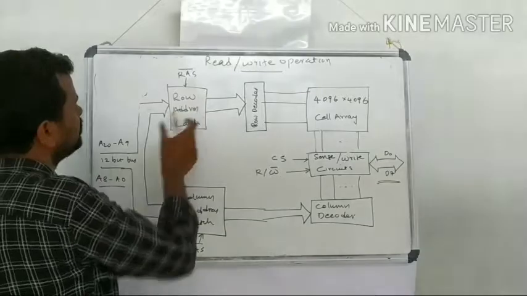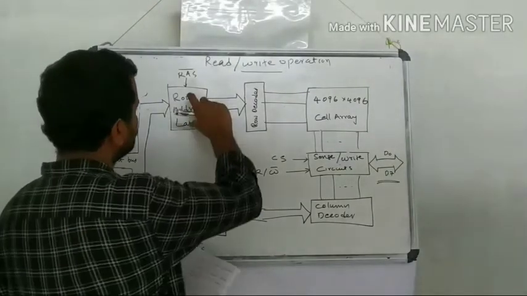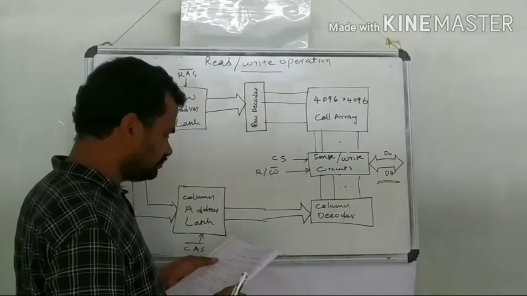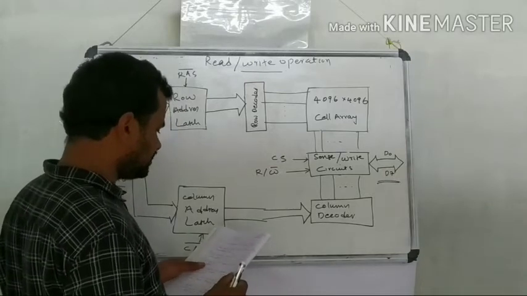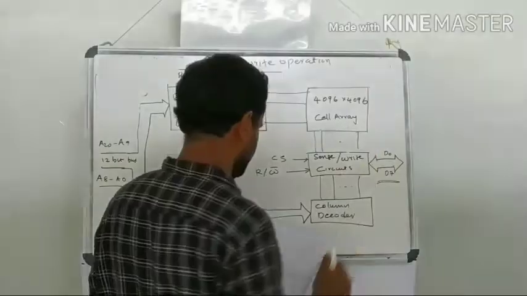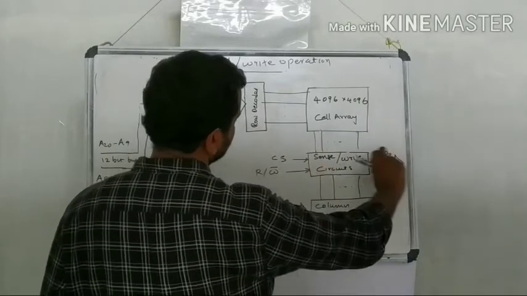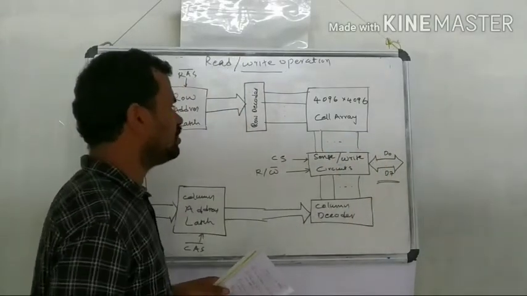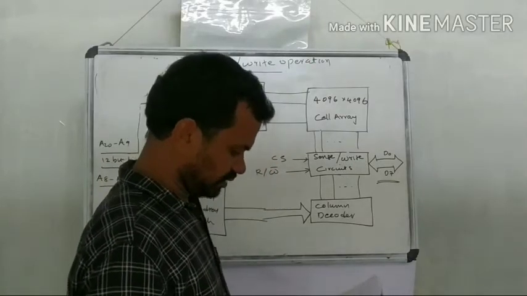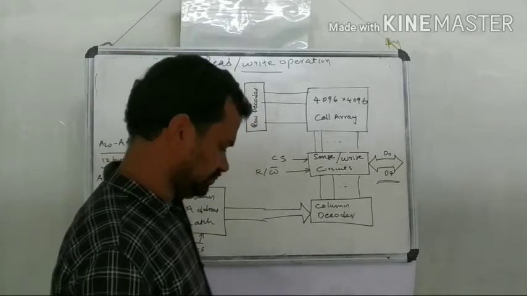So this row address will be captured into the row address latch, and the value present in the row address latch will be decoded by the row decoder, and the corresponding row will be selected from this cell array. Then that value will be available to the sense write circuit, and the sense write circuit will perform the read and refresh operation. All the cells on the selected row are read and refreshed.